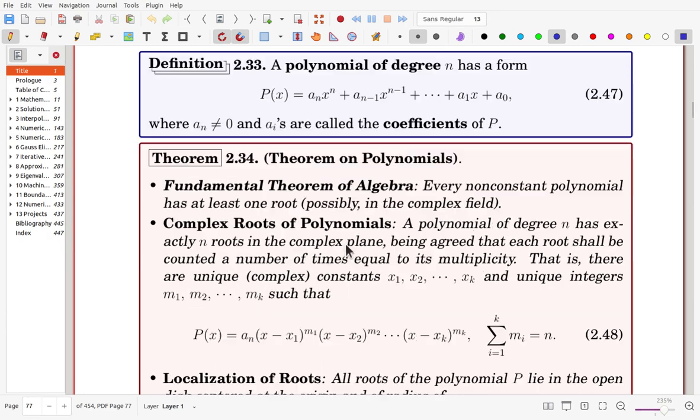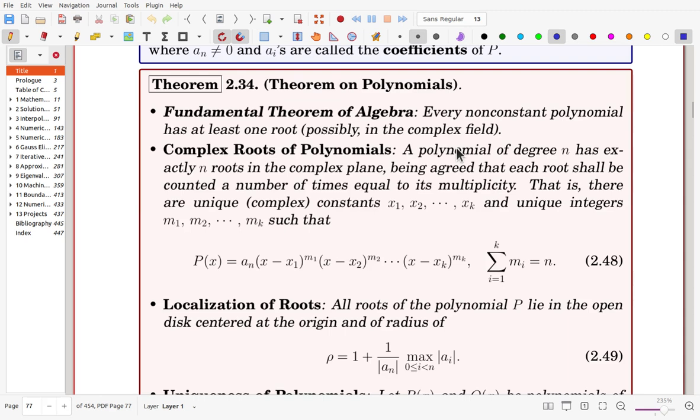The first one is the fundamental theorem of algebra. Every non-constant polynomial has at least one root, possibly in the complex field. That means that every non-constant polynomial should have a linear factor.